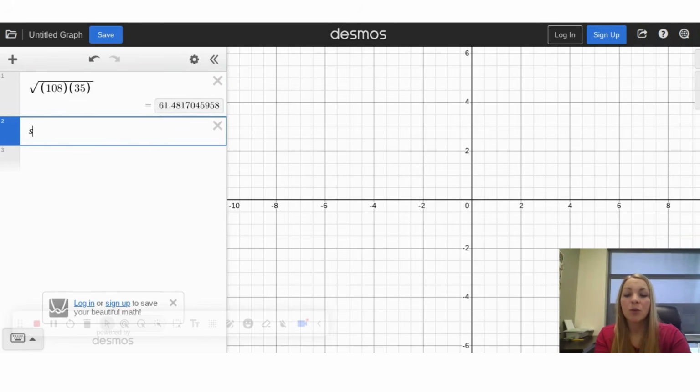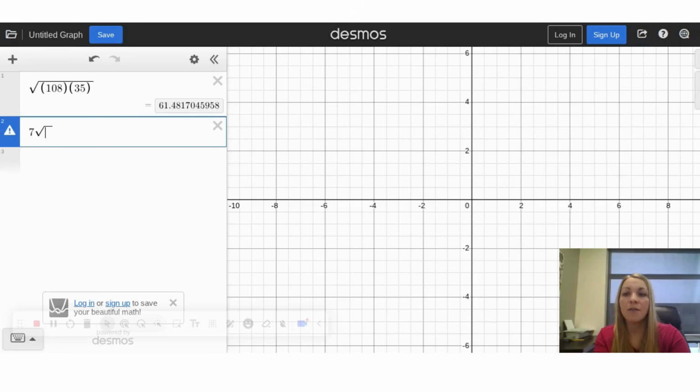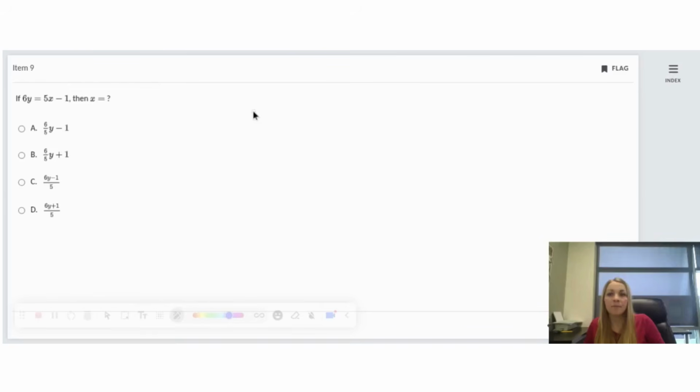Option A says square root of 143. That doesn't match it. So I'm going to try my second answer choice, 7 times SQRT, square root, 105. That's too high. Answer choice C is 6 times SQRT, square root of 105. And that matches. So this one's answer choice C.